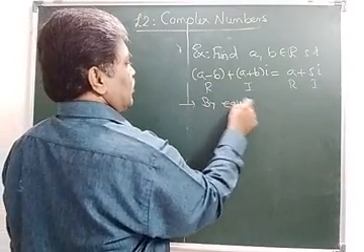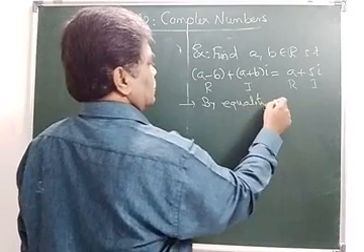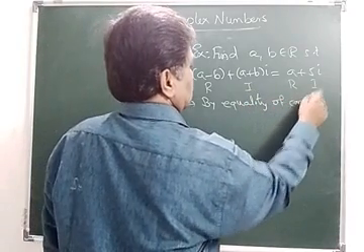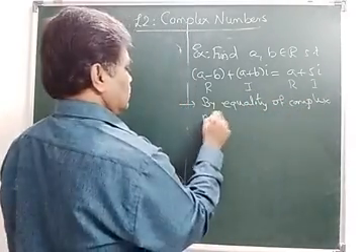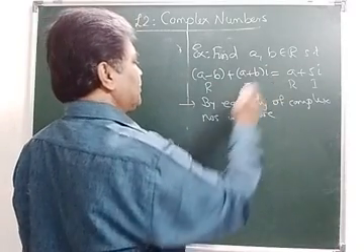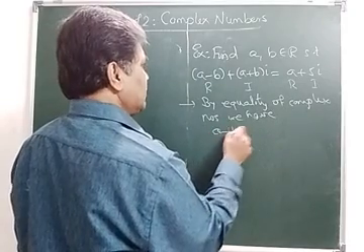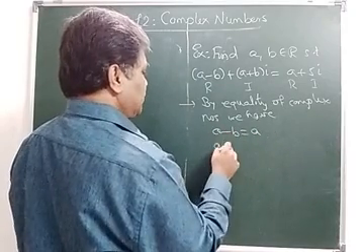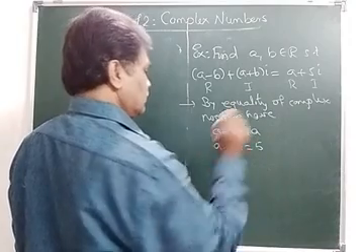So by equality of complex numbers, two complex numbers are equal if and only if their real parts are equal and their imaginary parts are equal. So a minus b is equal to a and a plus b is equal to 5.